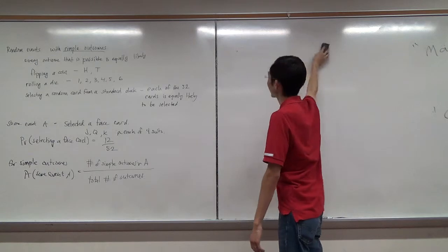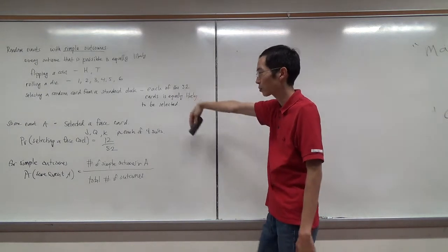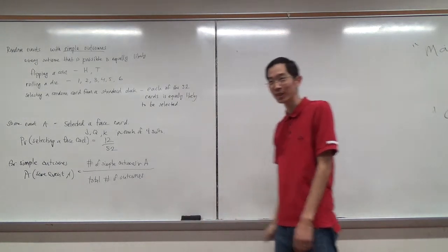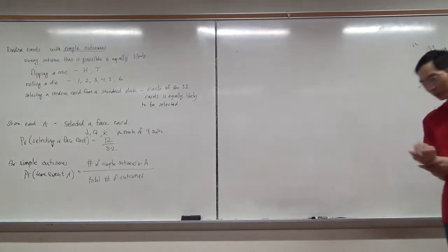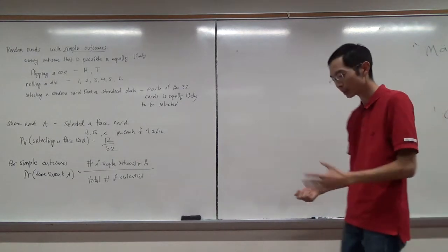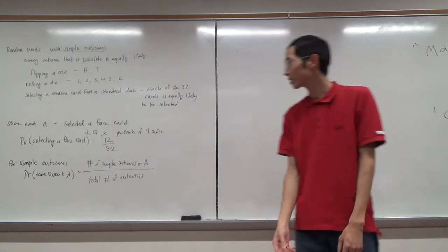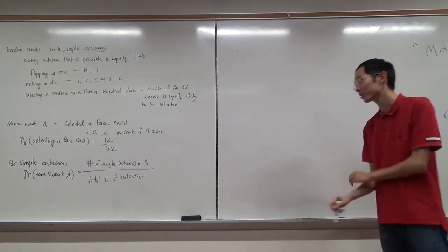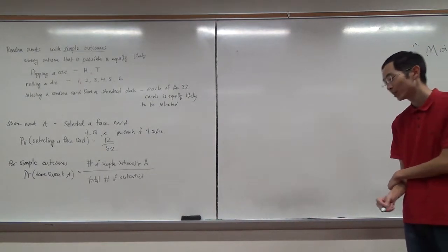So I think you guys probably already knew these rules regarding simple outcomes of probability, but things aren't always simple outcomes, and so we have even more rules and things like that.